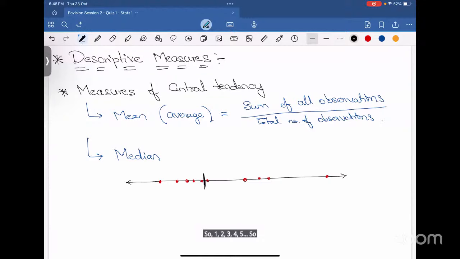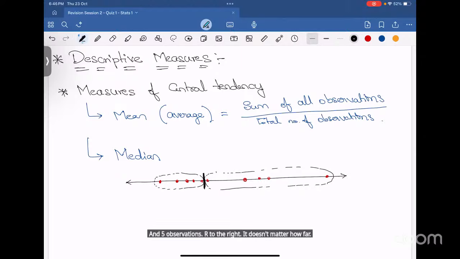So your median should lie somewhere here, where you can clearly see that 5 observations are to the left and 5 observations are to the right. It doesn't matter how far each and every observation is. We will still take the median to be the centermost value of the observation.